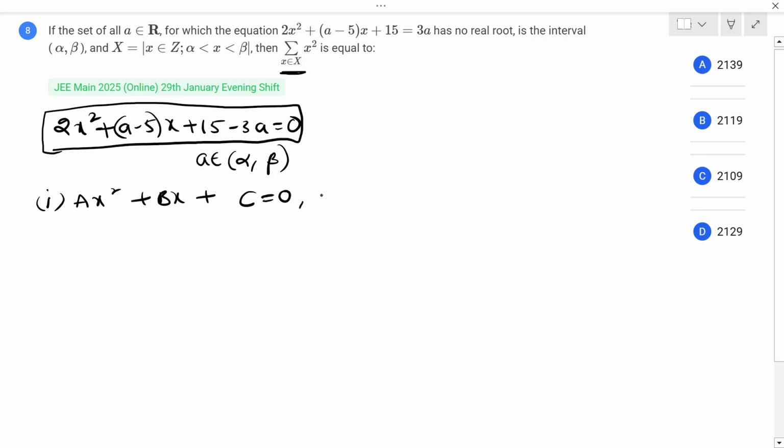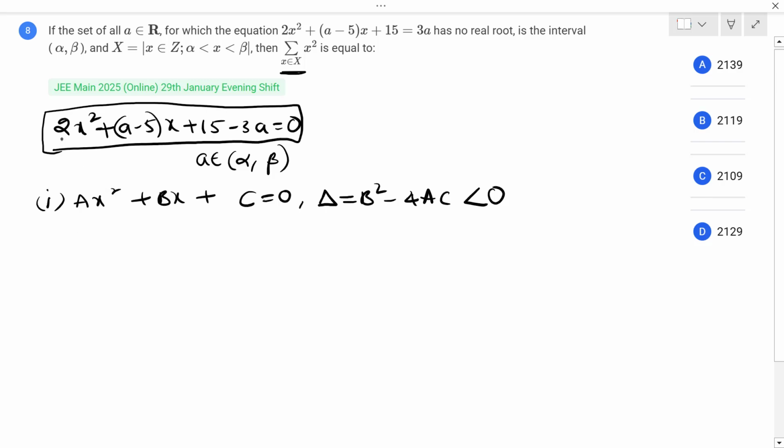If the discriminant delta, which is B² − 4AC, is less than 0, I will have no real root at all. So I can put that the discriminant is less than 0.